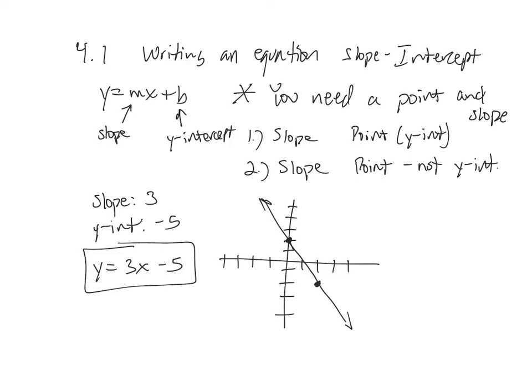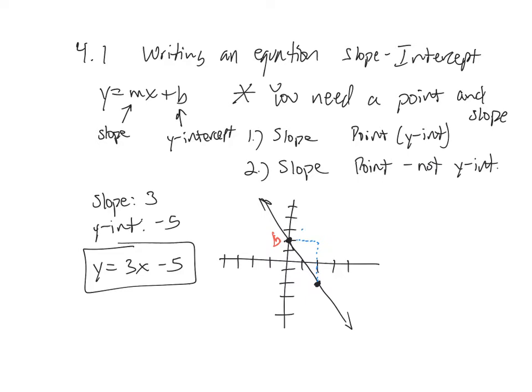The best case scenario, I know the slope and I have the y-intercept. Well, I have the y-intercept right here, this is the b. It's 2. So I already know part of my answer, but then I need to figure out the slope. How do I go from that point to that point?